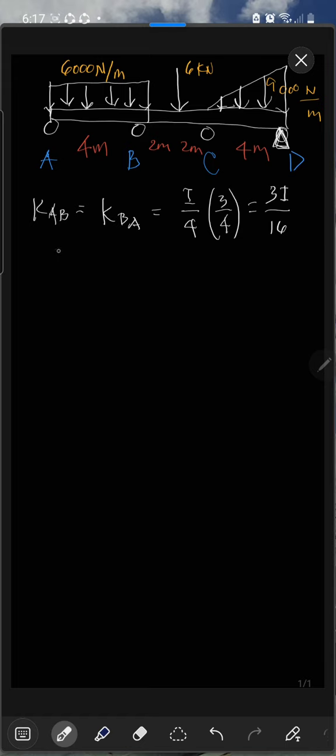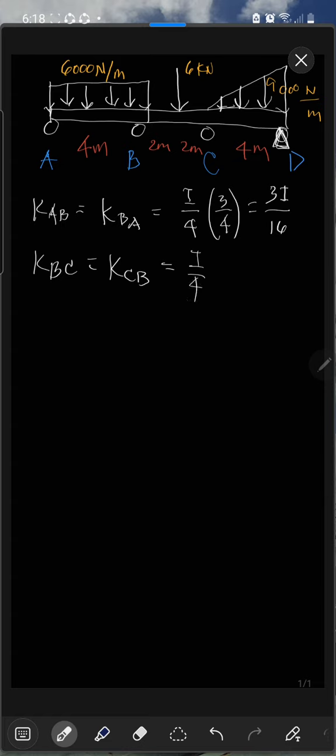The next is for the span BC. KBC is equal to KCB. As long as your load is symmetric, like uniformly distributed load all along the span or concentrated load at the midspan, the formula for K is the same, or K is equal. So that is I over L, that is still I over 4.